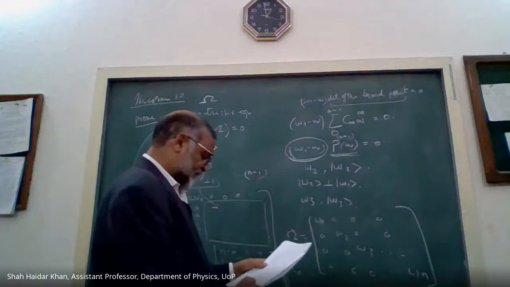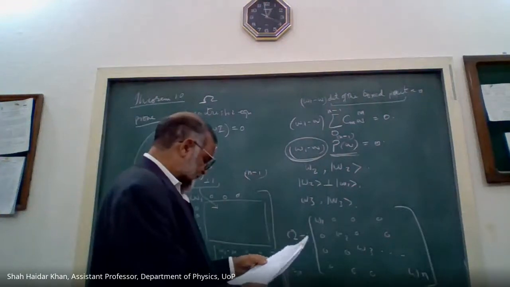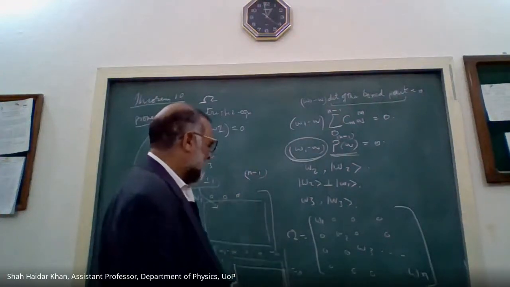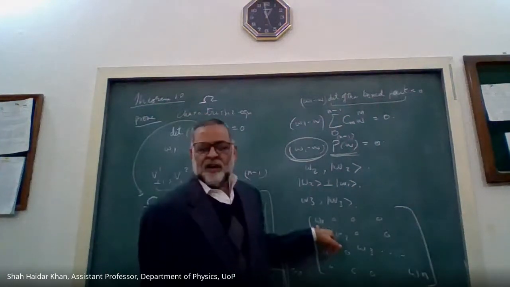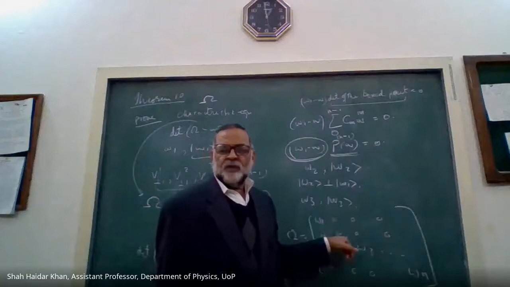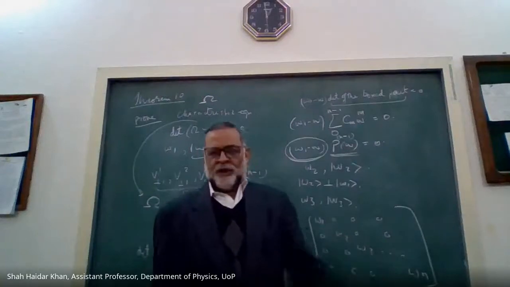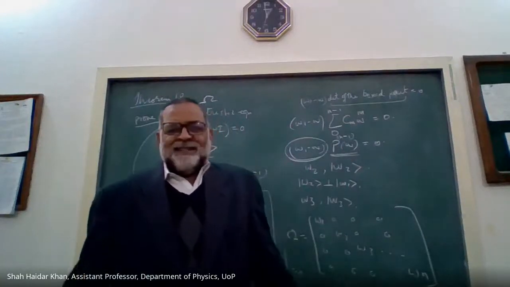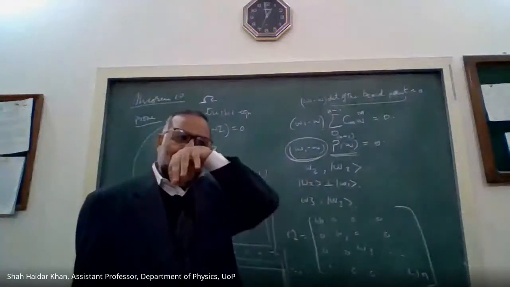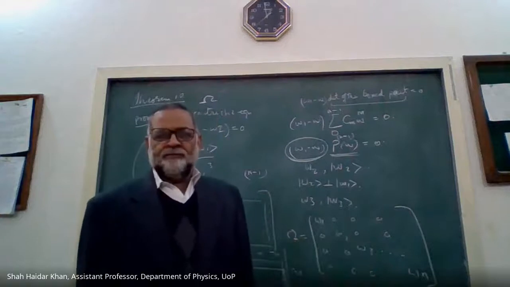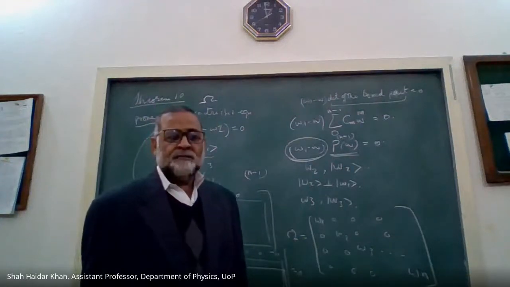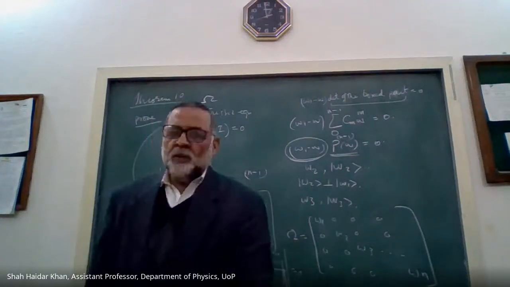Now, we did not say here that omega 1, omega 2, omega 3 are whatever. We did not say they are not equal. They are equal or not equal. We did not say anything about this. They could be equal.